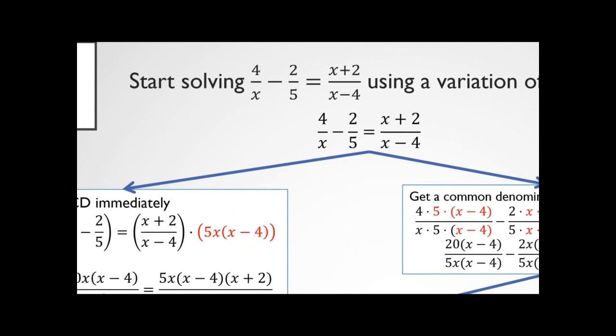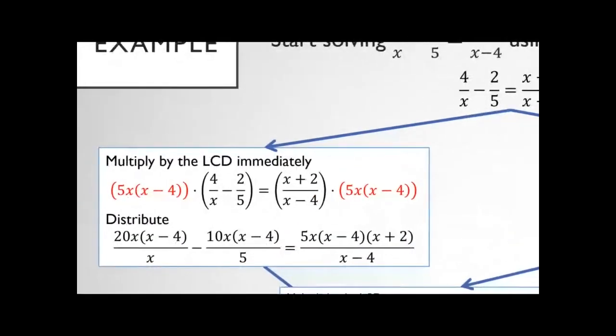One way is to determine that your common denominator on both sides would be 5 times x times the x minus 4, because those are the three different denominators. When you determine that, one option is to multiply both sides by that denominator, and then to distribute across your fractions. And when you do that, you end up with this that I have underneath.